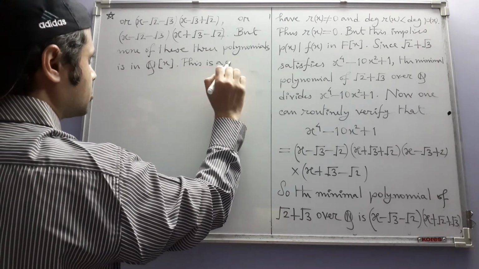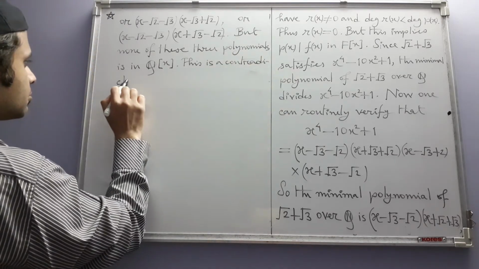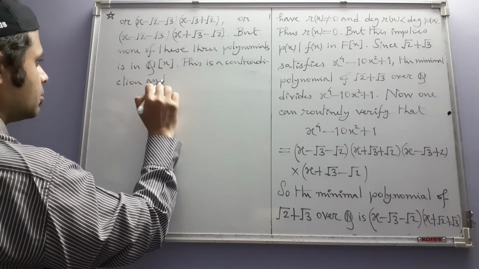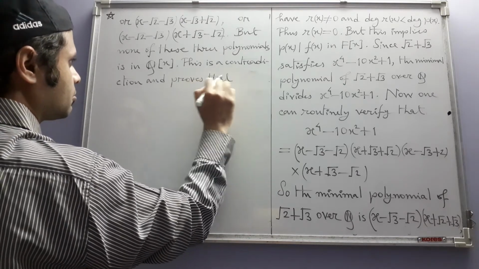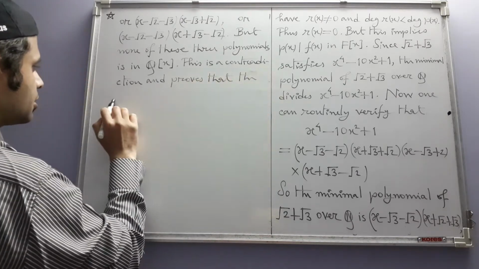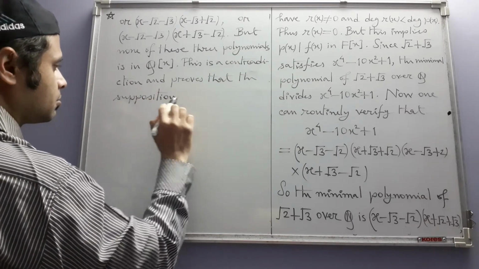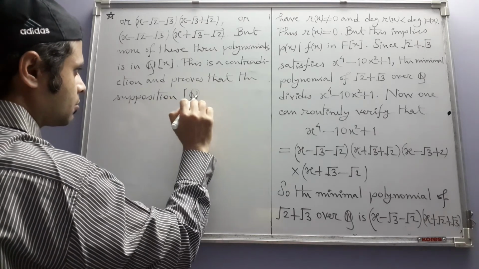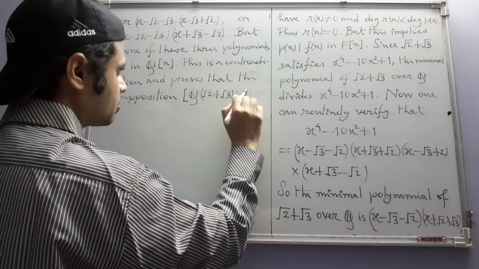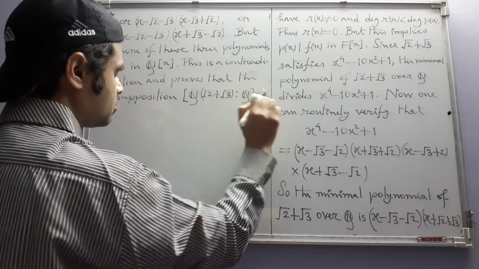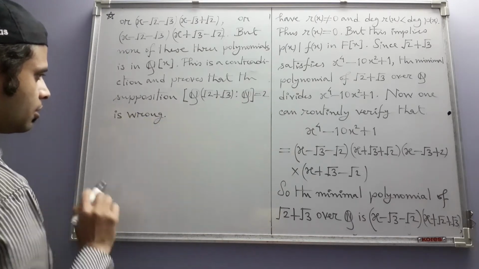This is a contradiction, and proves that the supposition that this degree is 2 is wrong.